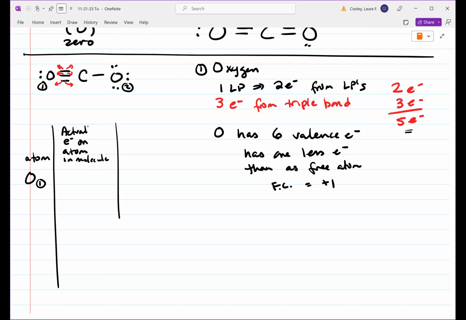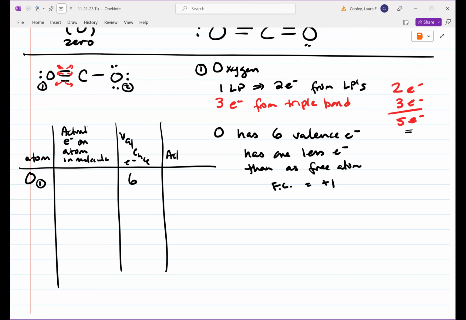Then we have the valence. And then we have the valence minus the actual, which is the formal charge.